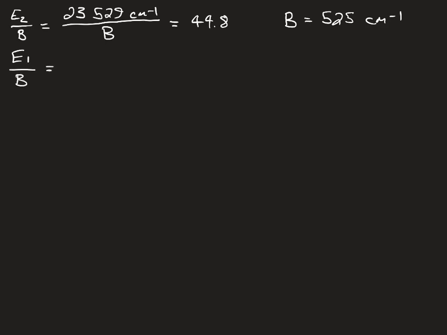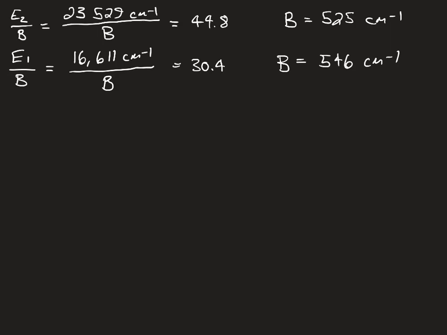E1 over B is equal to 16,611 wave numbers divided by B, which was equal to 30.4. So B is equal to 546 wave numbers. We're going to average these two together to get the average value for B. So the value for B that we're going to report is 535 wave numbers.